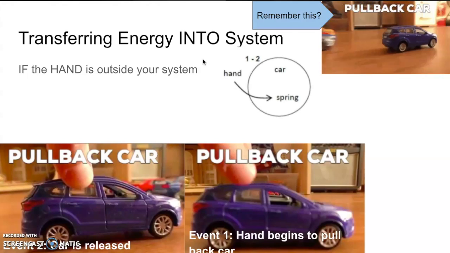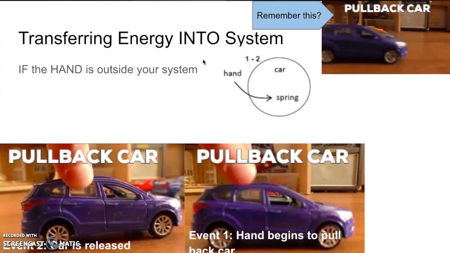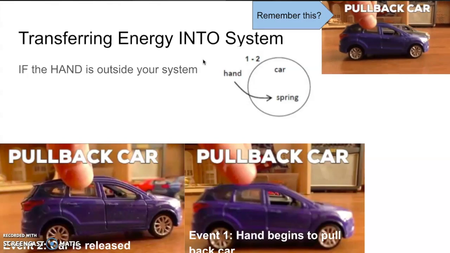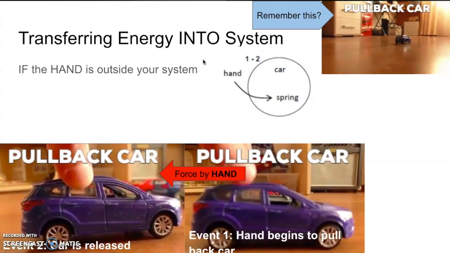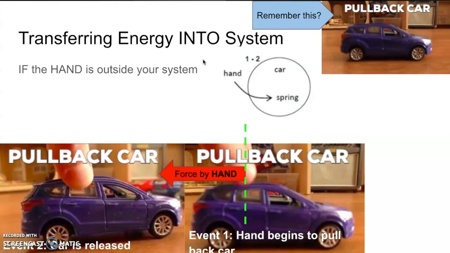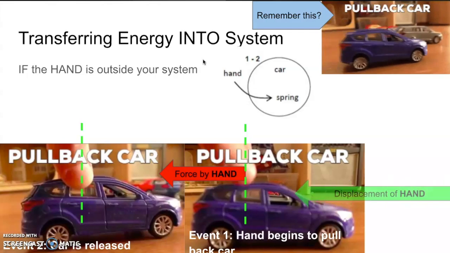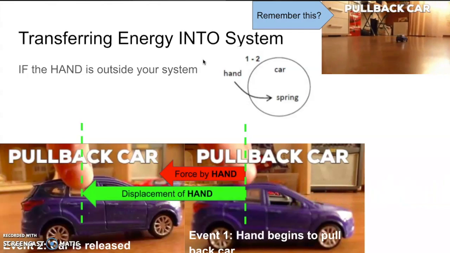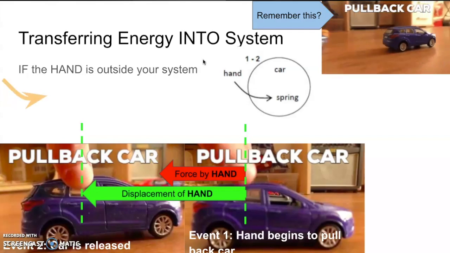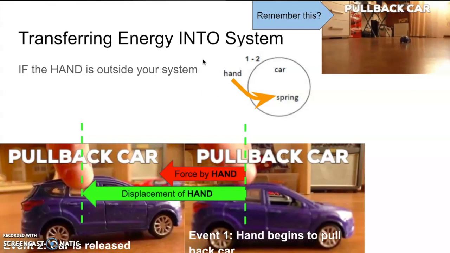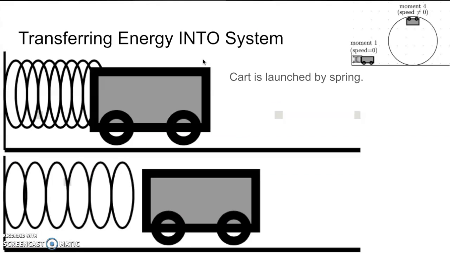If I was going to draw from snapshot 1 to 2 an energy flow diagram, the hand is transferring energy to the system. So the force by hand is to the left, and you're going to move that car to the left also. So there is a displacement. Force by hand and a displacement by the hand, same direction to the left. That is that interaction. That is the transferring energy into the system.